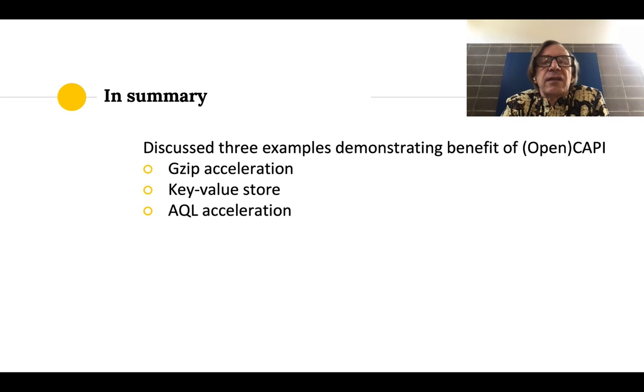So to summarize, in this sub-module, we showed you 3 examples of OpenCAPI accelerators. The first, a decompression example. The second, key value store, where OpenCAPI was used as an efficient interface into flash storage.